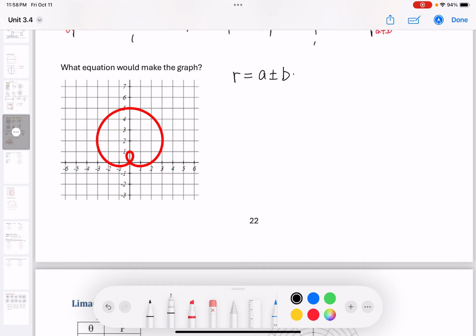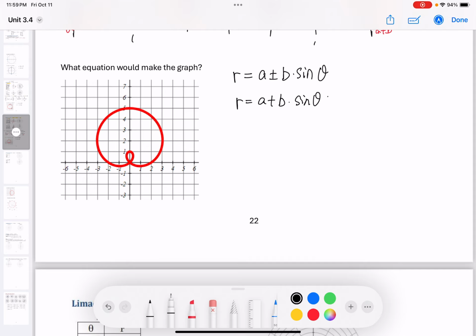I must put the sine because the major part of my shape is on the y-axis. And then we need to decide a and b. Let's decide the positive or negative sign first. It's on the positive y direction, so we only have positive. So we have r is equal to a plus b times sine theta.